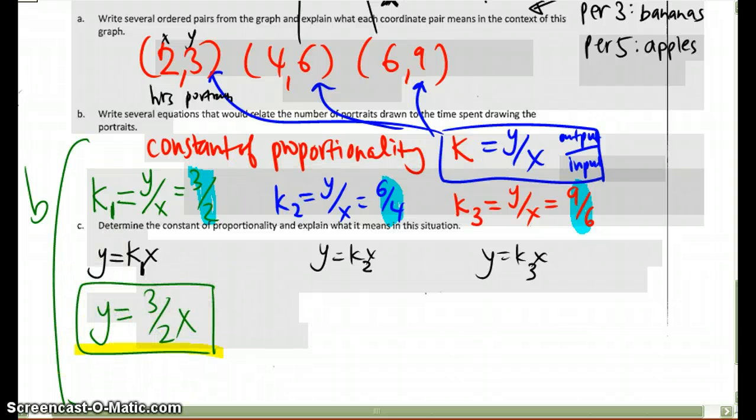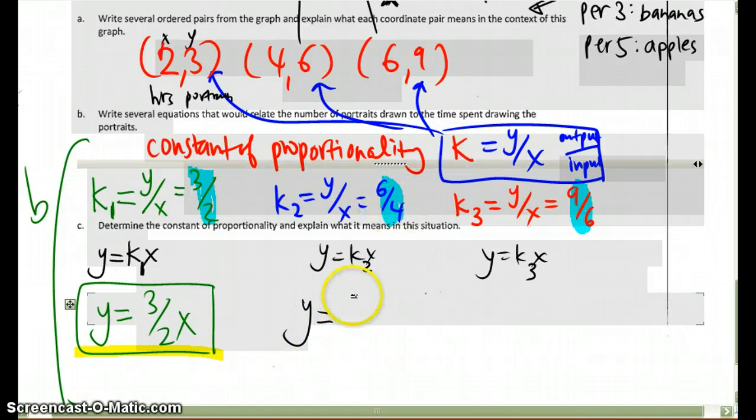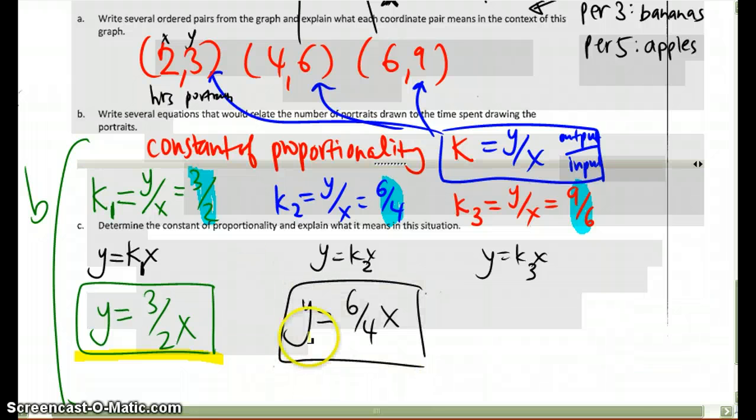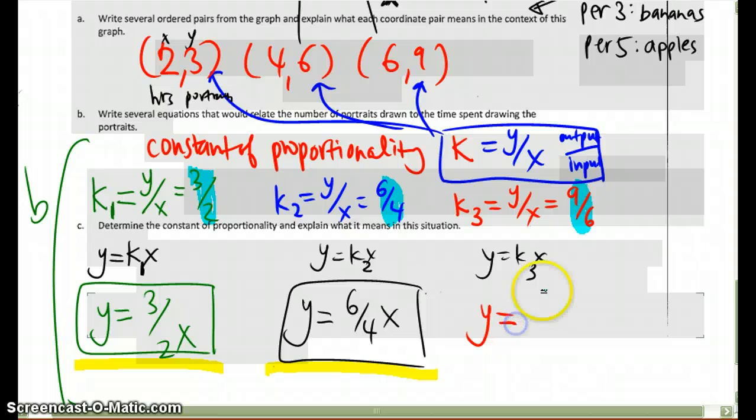Our second equation is going to be Y equals, and our K is 6 over 4, so 6 over 4 X. Our third equation is going to be Y equals 9 over 6, which is our K, times X.